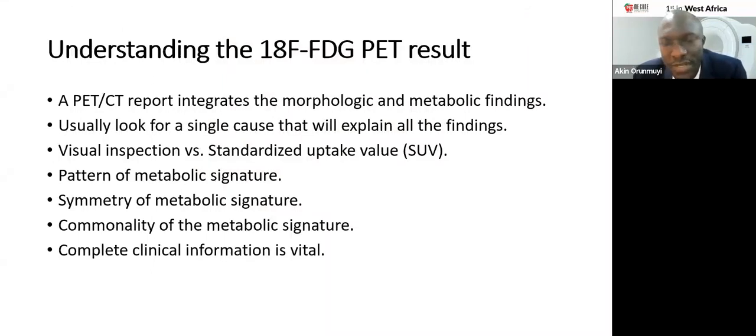So when you get a PET result, how is the result structured? It integrates both the morphologic and metabolic findings. So morphologic refers to the anatomical structure, which is given on CT scan, whereas the metabolic findings would refer to how much metabolism is occurring in the tissue or organ of interest.